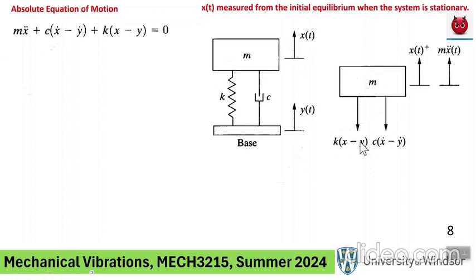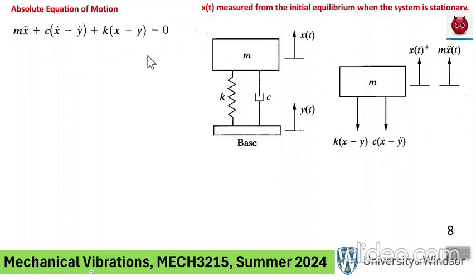So negative k times (x minus y), negative c times (x dot minus y dot), equal to mass times acceleration. So we're writing the equation of motion for this block, and look at it, m x double dot equals the sum of all the forces, which is negative of that and negative of that. We bring it all up to the left-hand side, and we get the mother of all equations as it is now.